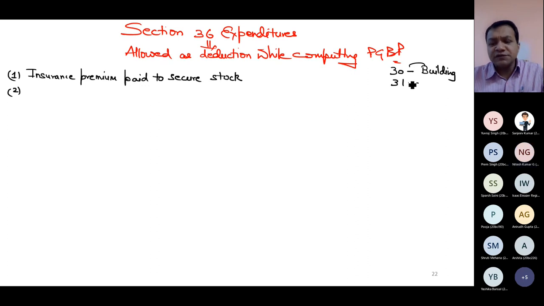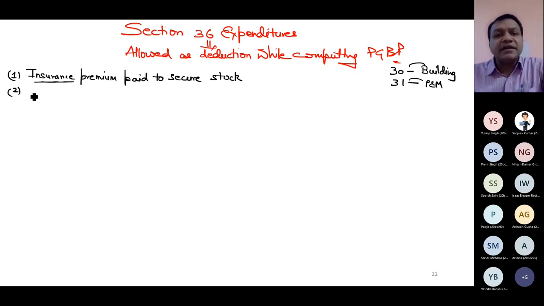What type of insurance was covered in section 31? Plant and equipment, plants and machineries. And here the insurance covered is on closing stock of raw material or finished goods. So all these are different. Section 30 covers insurance for one purpose, section 31 for another, and section 36 for another.